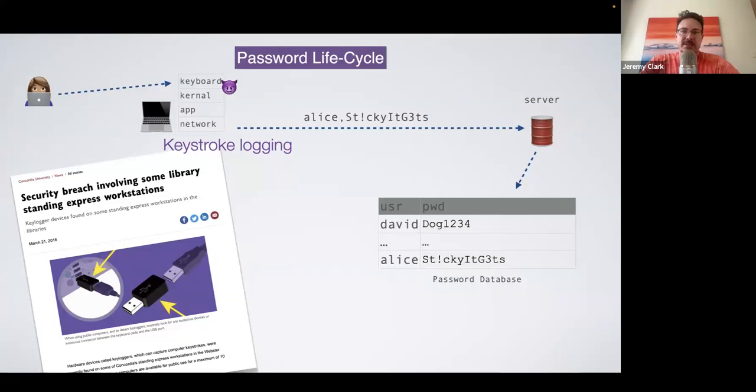Another real life example that actually happened here at Concordia is someone was walking around in the library. If you've been to the library, you know they have these computers that you can just walk up and use. And they noticed that there were these weird dongles, you can see in the picture, where the keyboard was plugged into a dongle and the dongle was plugged into the computer.